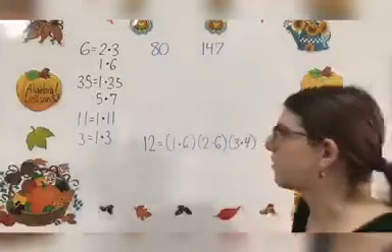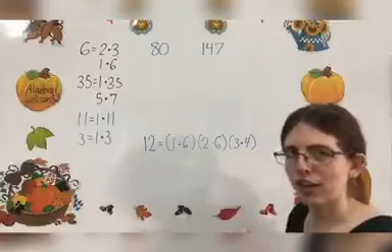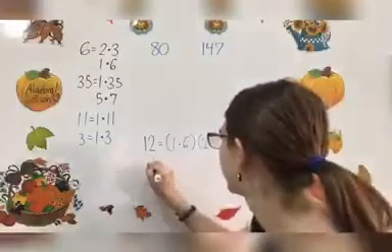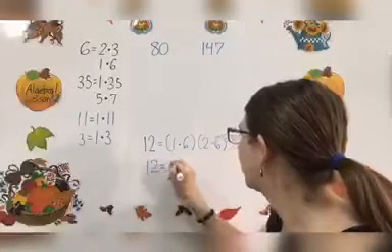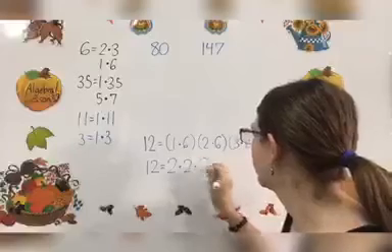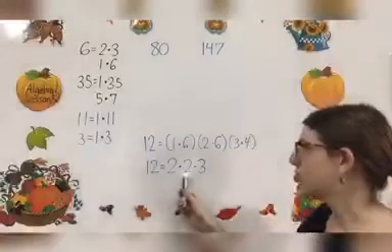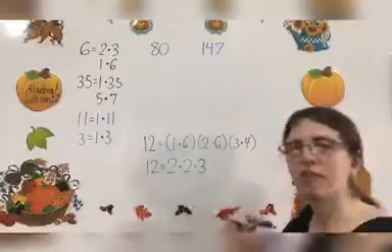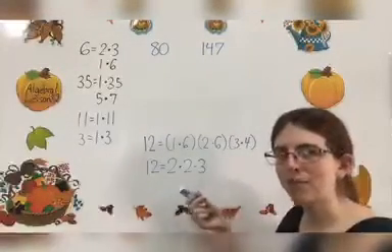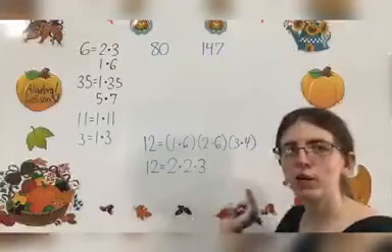But there are also the prime factors of 12. Its prime factors are 2 times 2 times 3. 2 times 2 is 4, 4 times 3 is 12. Those are the prime factors of 12.